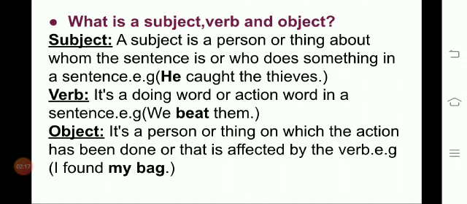I found my bag. What did I find? My bag. So it's an object. An object is a person or thing on which the action has been done or that is affected by the verb. I hope, students, that you have got it, what is the subject, verb, and object.